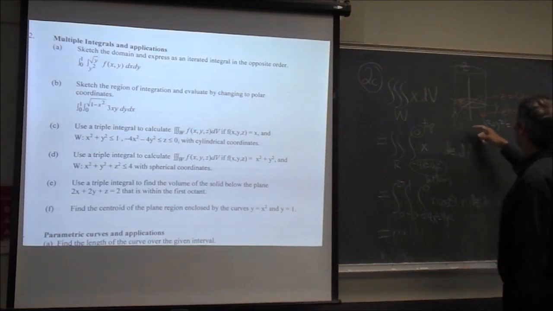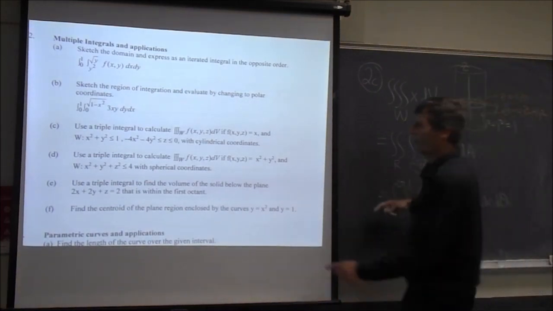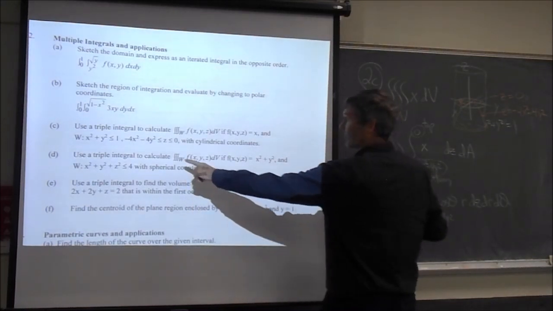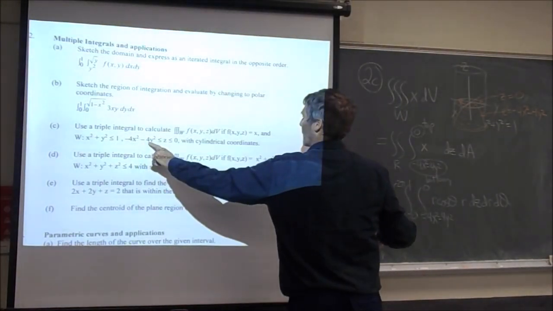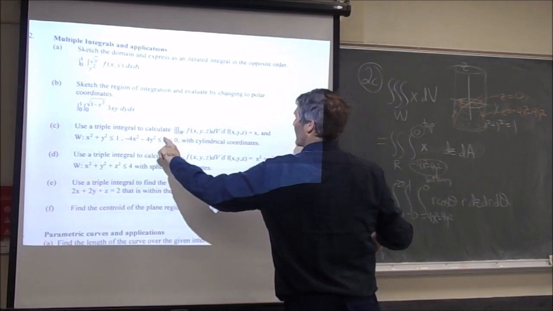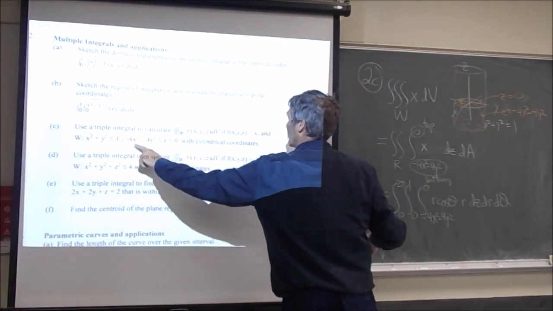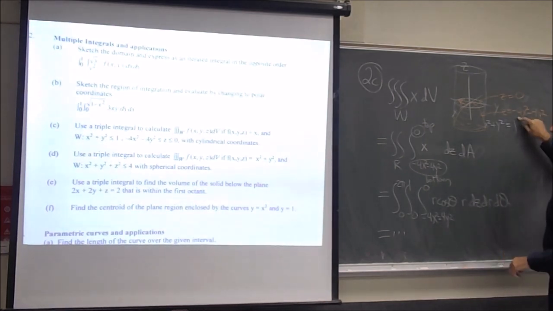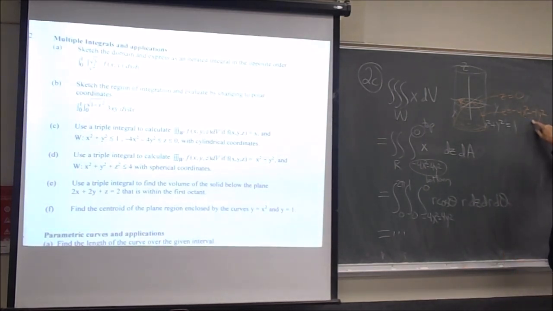If I want z between minus 4x squared minus 4y squared and 0, I first sketch the surface z equals minus 4x squared minus 4y squared. Well, I know that this is an upside down circular paraboloid. Right?